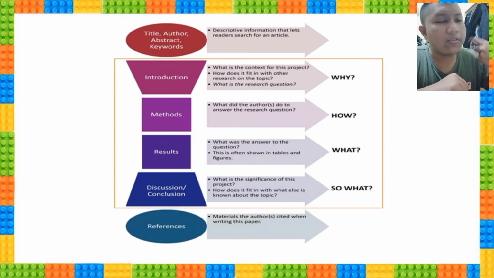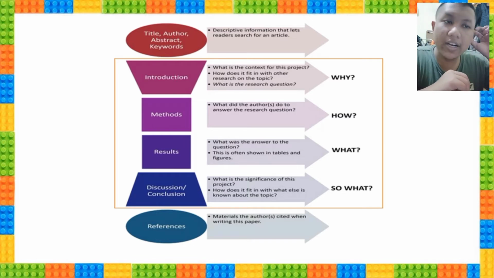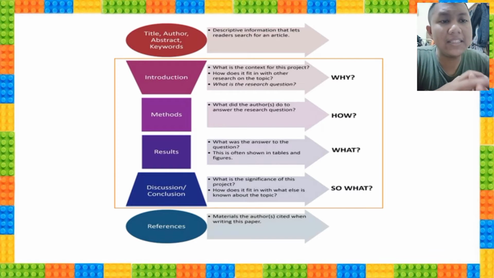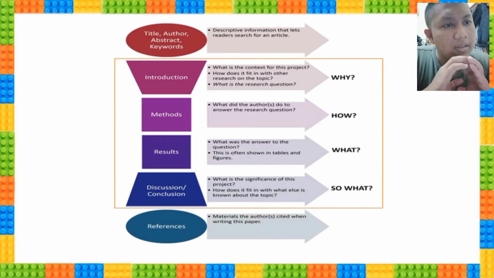Those are descriptive information that lets readers search for an article, or we can say that the identity of the article is written on the title, author, abstract, and keyword. We could know the identity of the paper from this part.